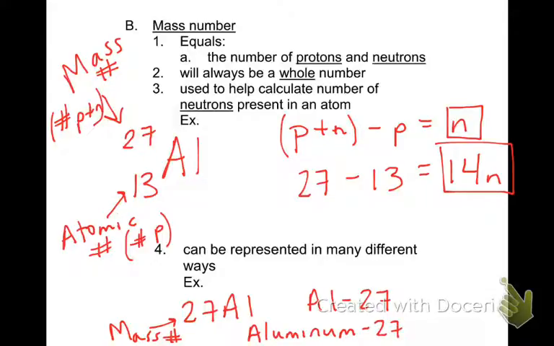All of those numbers following or prior to that particular symbol or name are the mass numbers. Do not get these numbers confused with the atomic number. The atomic number never, ever, ever changes. Mass number can, in fact, change because it depends on the number of neutrons that exist within that particular atom.